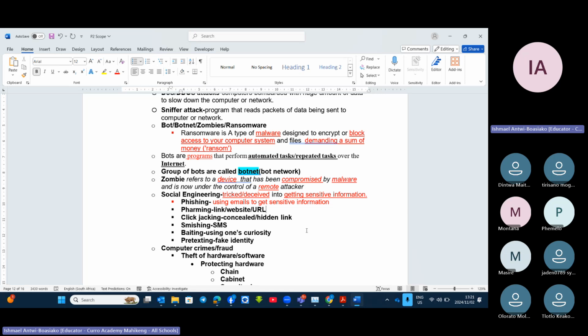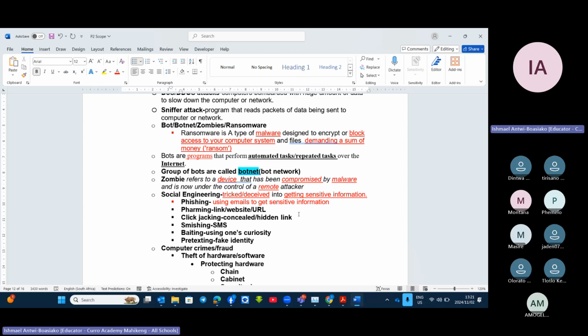If they use an email to deceive you so that they can get your sensitive information, that is called phishing. But if you get a link that says click here and you win 20,000, and you click and that link takes your sensitive information, then that is what we call pharming. So in pharming, they use a link, or a website, or a URL to get sensitive information.